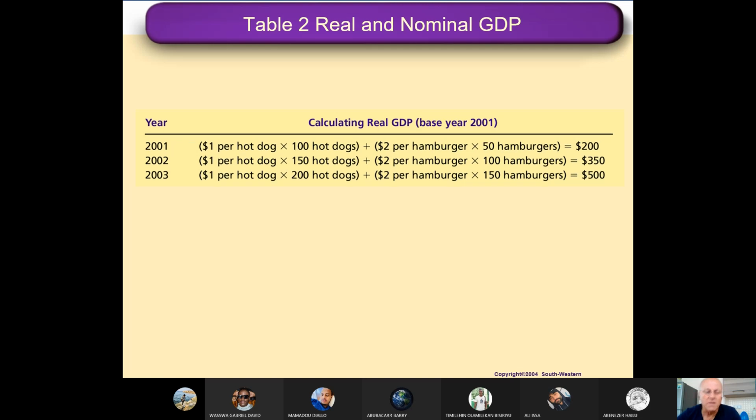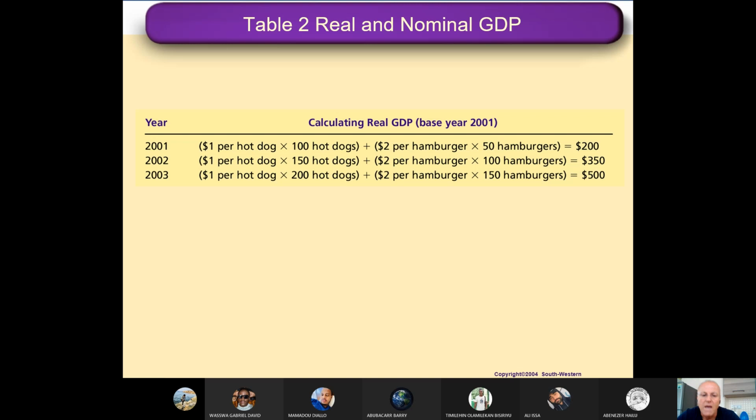And now calculating the real GDP, where the base year is now 2001. You understand? When you look here, the base year is now 1, which means you take 2001 as the base year. You are going to calculate the real GDP for 2001, 2002, and 2003, but with the base year 2001.